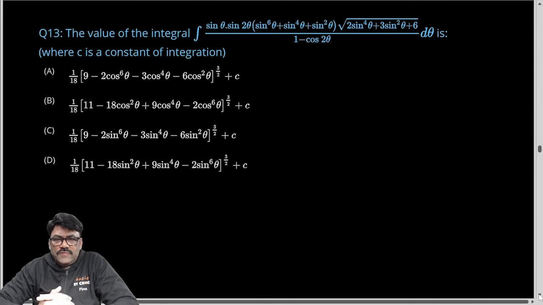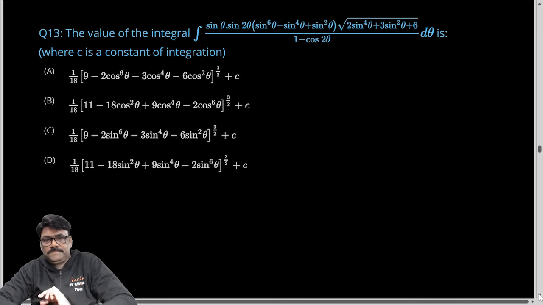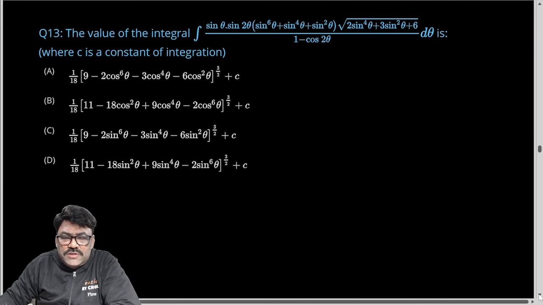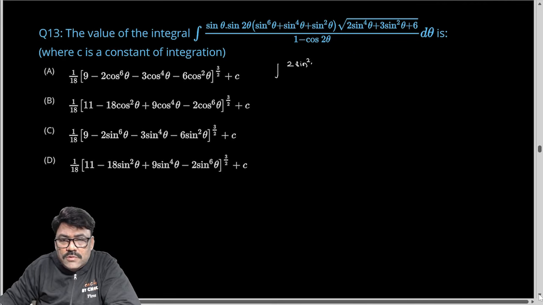See this question. This is from indefinite integration. So I can write this integration as sine theta. Sine 2 theta can be written as 2 sine theta cos theta. So I will get 2 sine square theta cos theta. Then sine raised to 6 theta plus sine raised to 4 theta plus sine square theta.